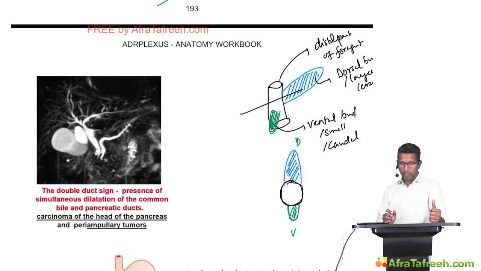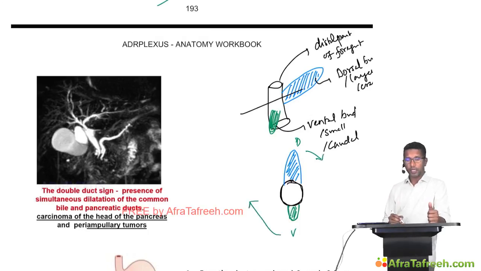Whenever the rotation of the gut happens, the ventral bud goes to the right side and the dorsal bud goes to the left side.